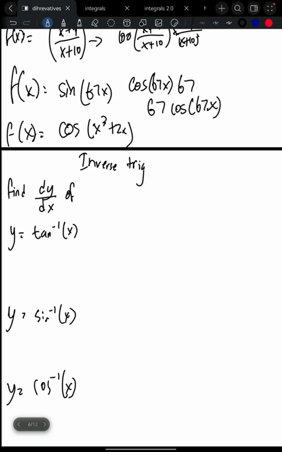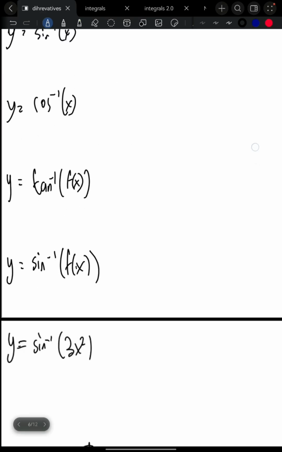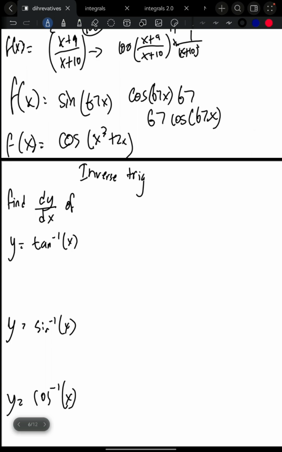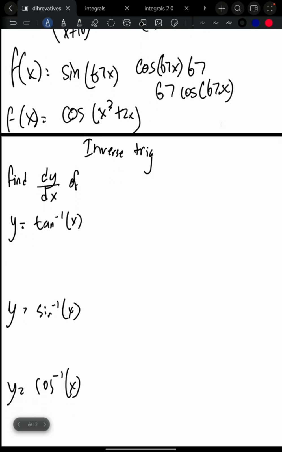Technically you should learn the implicit differentiation before this, but I guess that's my problem to figure out. Yeah, you want to find the derivative of inverse trig, right? Normally you can't use the limit definition for this. It's harder to find, right?